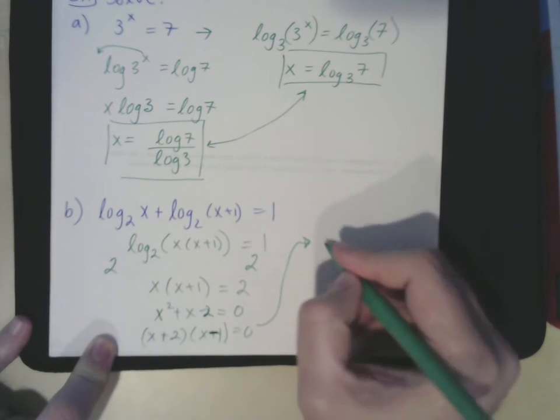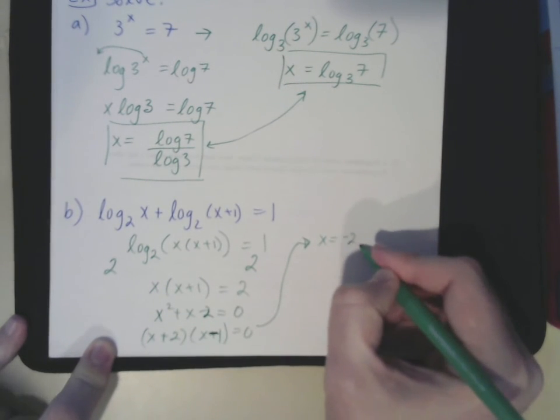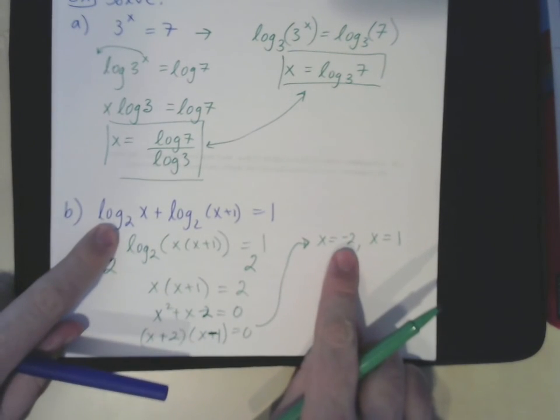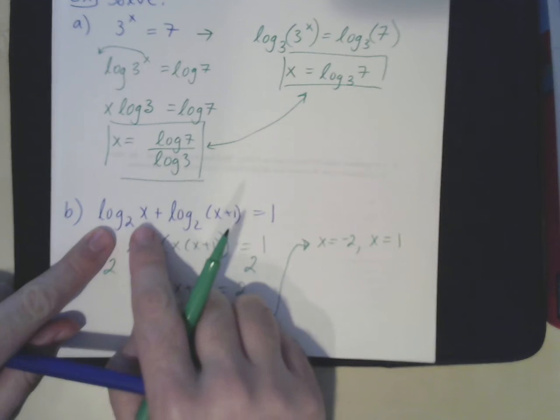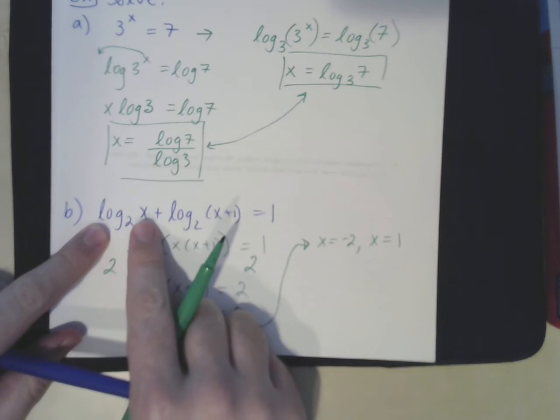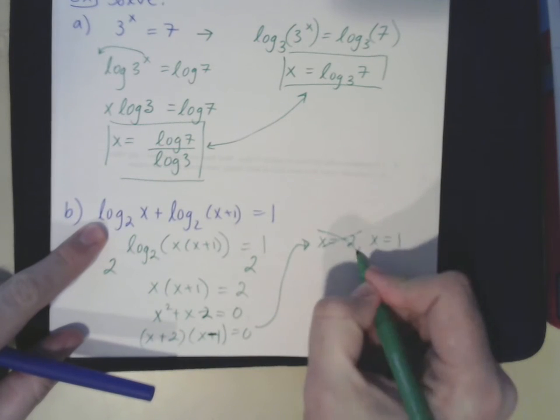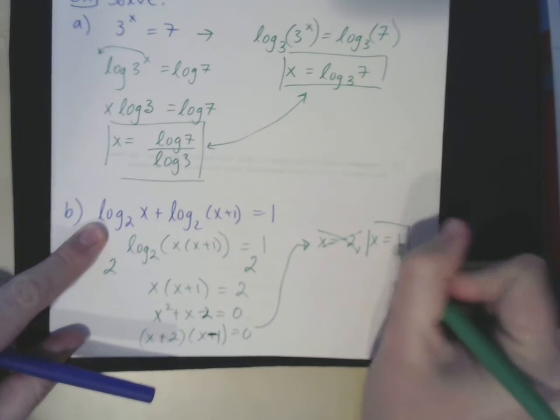So x plus 2 times x minus 1 gives us x equals negative 2 and x equals 1. Now because these are logarithms, we have to make sure that we're satisfying the domain, and we know the domain of any logarithm starts at 0. So negative 2 can't go in here, so we're going to cross that out, and x equals 1 becomes our final answer.